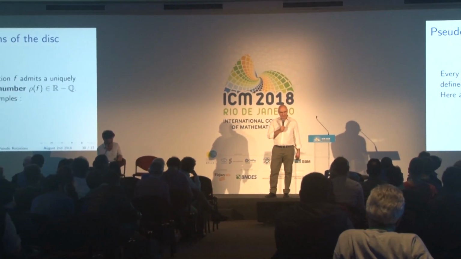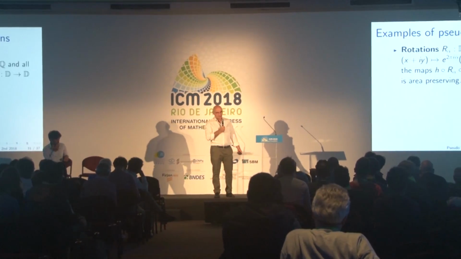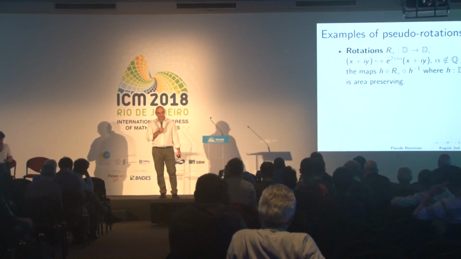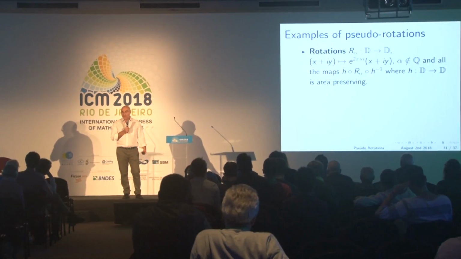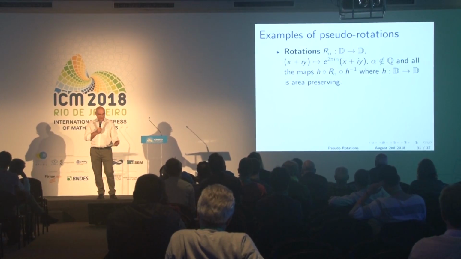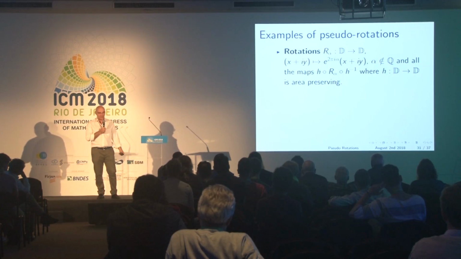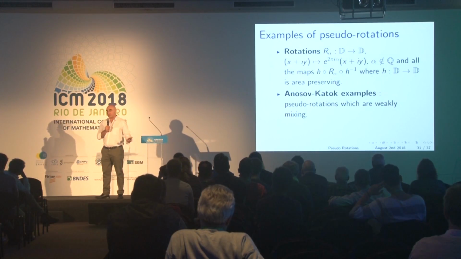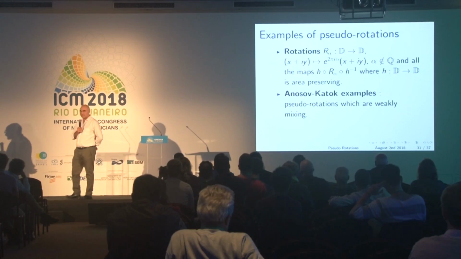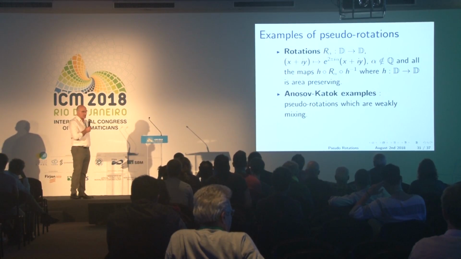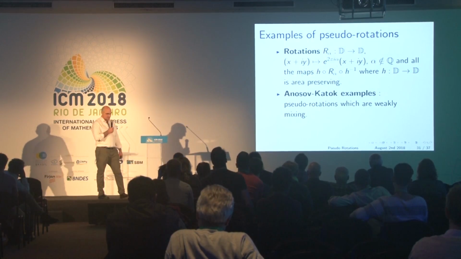Let's give maybe some examples. Of course, you've got rotations of the disk, rigid rotations, and all their conjugates, where H is area preserving. And you've got the very important Anosov-Katok examples, which are pseudo-rotations which are weakly mixing.